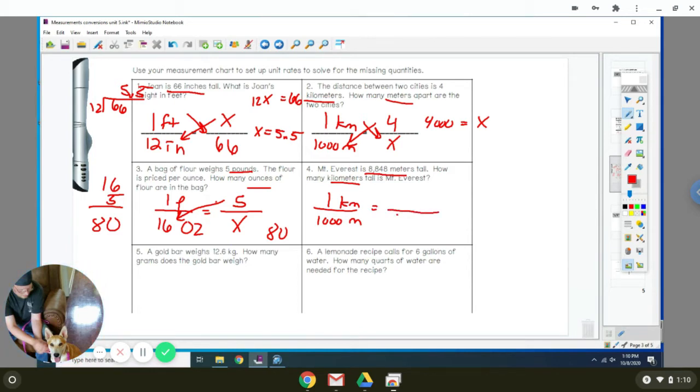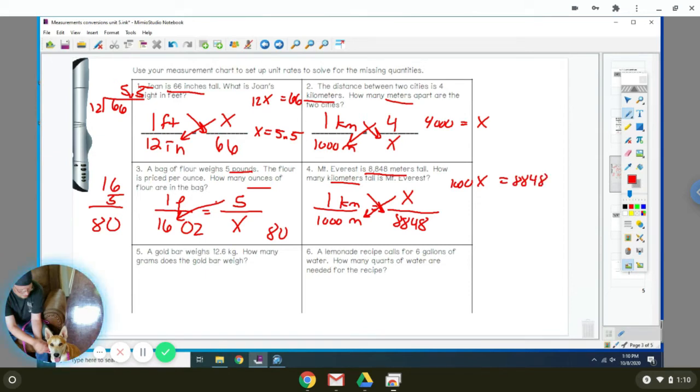So 8,848 is going to go on the bottom along with the other meters, and x goes on top because you don't know how many kilometers that is. So we're going to do x times 1,000, which is just 1,000x, and then 1 times 8,848 is 8,848.